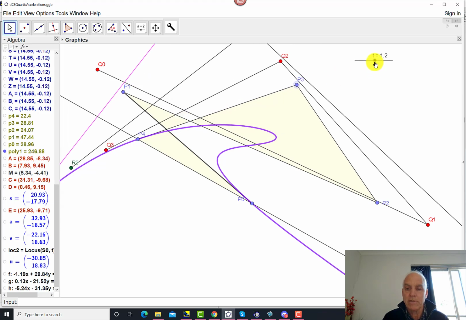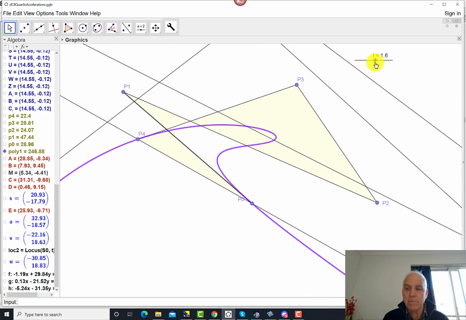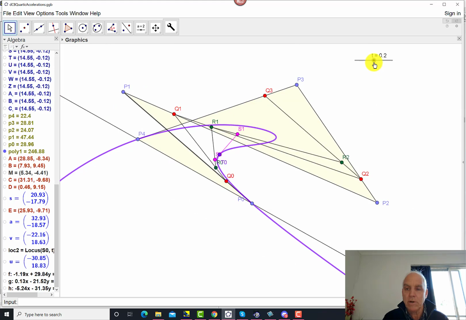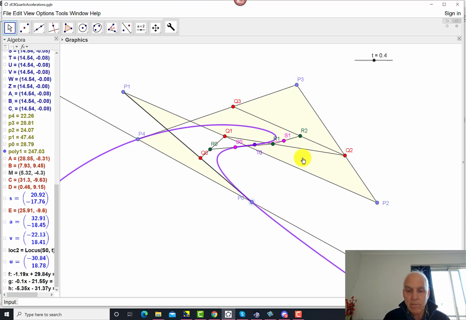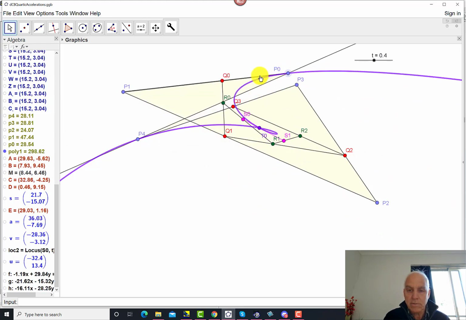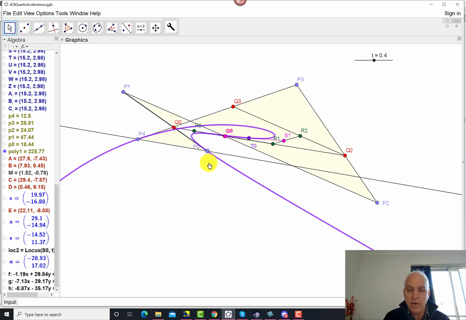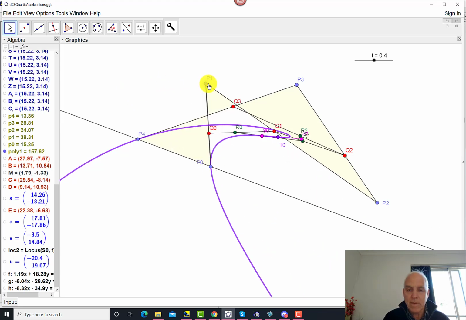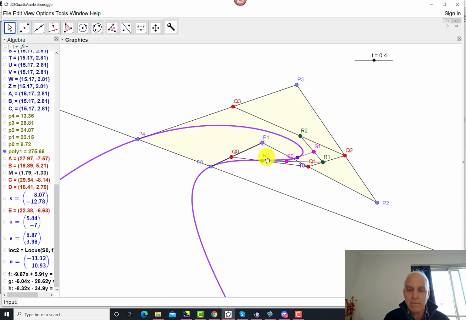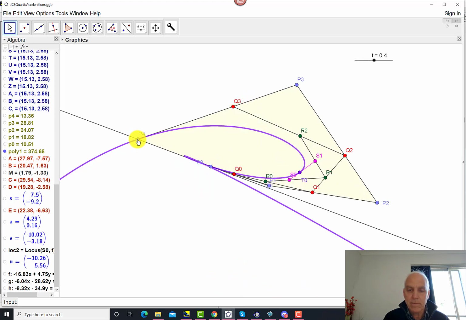Okay, let's go back to some intermediate value between 0 and 1. Well, where are we? 0.2, 0.4. Okay, fine. Let's move these around a little bit more just to get a sense of a quartic curve. Oh, there's a kind of interesting little loop there.